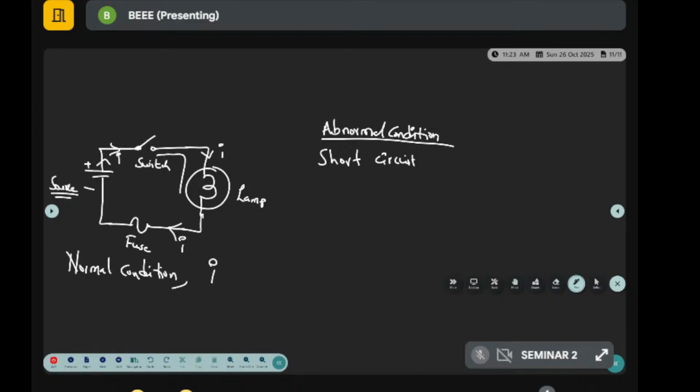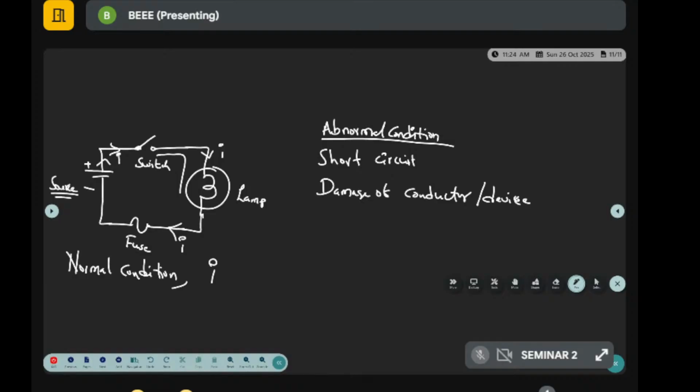Whenever any abnormal condition occurs, that means a short circuit, damage of electrical wire, damage of conductor or any device, anything will happen, that is called an abnormal condition.